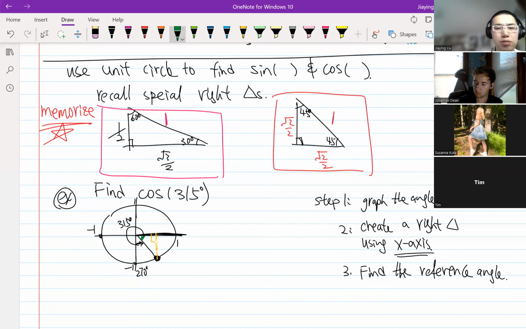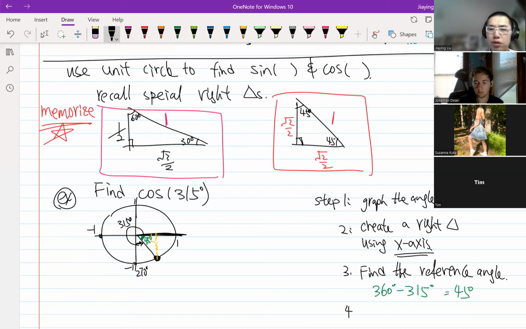So that's going to be 330 minus 315. So that's going to be 45 degrees. As you can see, this special right triangle is going to be 45, 45, 90. There's no other way, right?